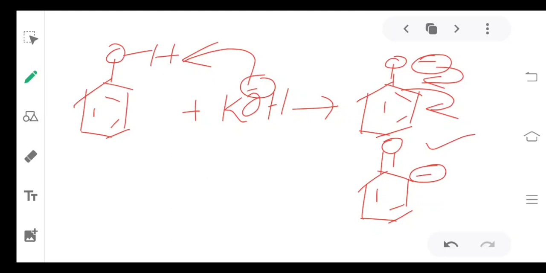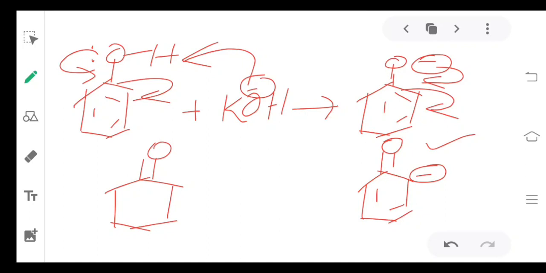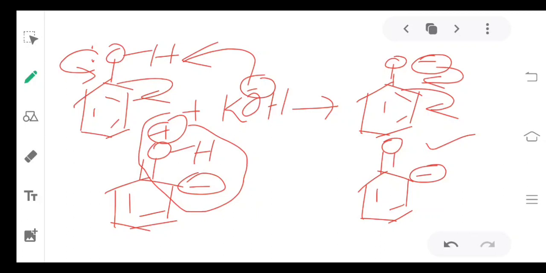But when phenol participates in resonance structures, there will be charge separation, and this is because phenol is less stable than phenolate ion. So the first step of this reaction is abstraction of proton from the phenol.